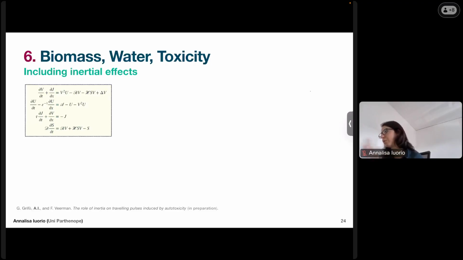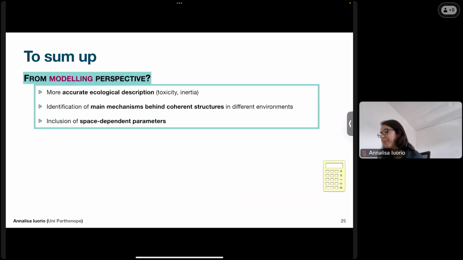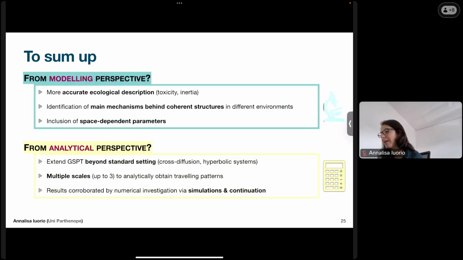So we are going to keep working on that. Actually, this afternoon, we have a meeting precisely about this project. So I hope I have convinced you that there are a lot of interesting things to do in this area, not just from the ecological viewpoint, making models more accurate, including biological effects that the applied people think are important, even though they make our models more complicated.